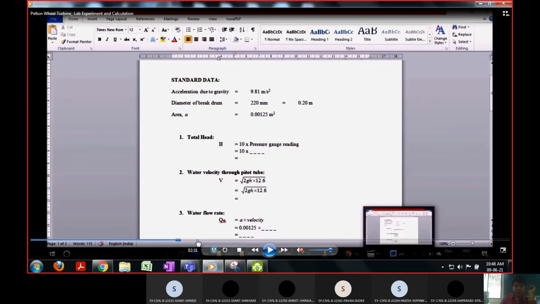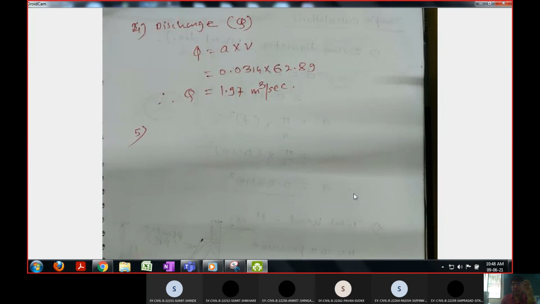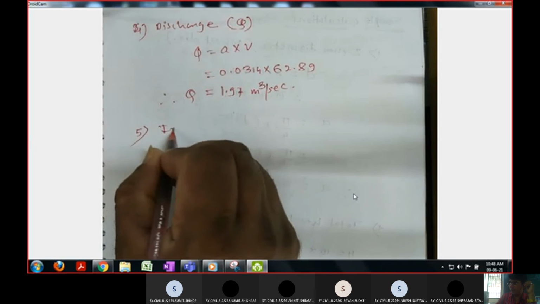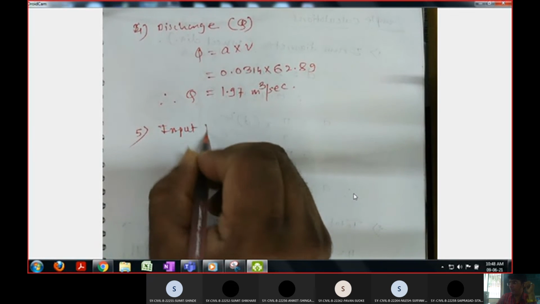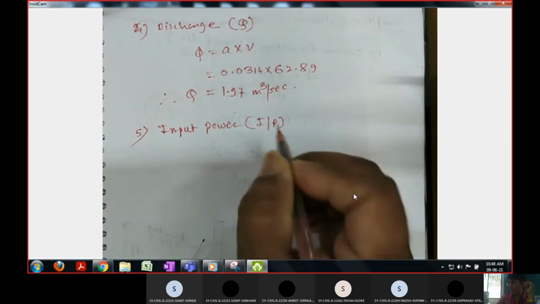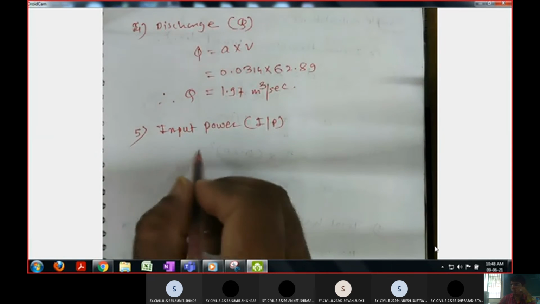Then fifth sample calculation. If you see here, in the fifth sample calculation we have to calculate the input power, because we have to calculate the efficiency. So first we have to calculate input power. So how will you calculate the input power?